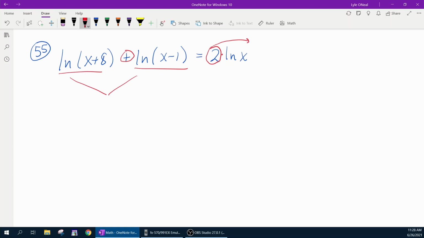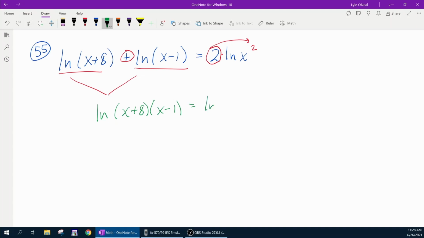So remember, for logarithms, you can take the coefficient up and it becomes the exponent of what you're taking the log of. So we're going to be using the product rule and the power rule in order to solve this equation. Here we go. So the natural logs combine and their stuff gets multiplied. That's how the product rule works.